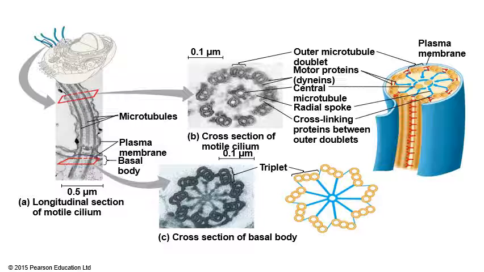That's the overall structure of a flagellum. The upper side and the downside are different. We can see the cross-section of a motile cilium or flagellum, and the structures are the same.